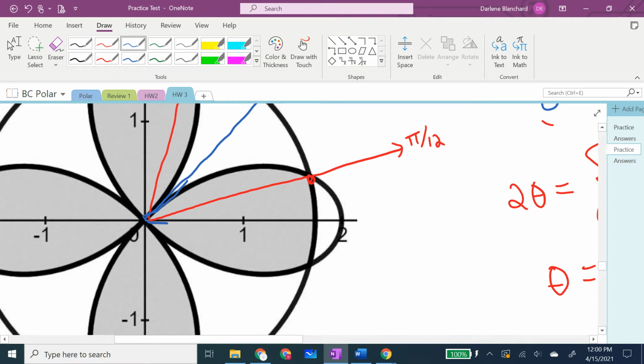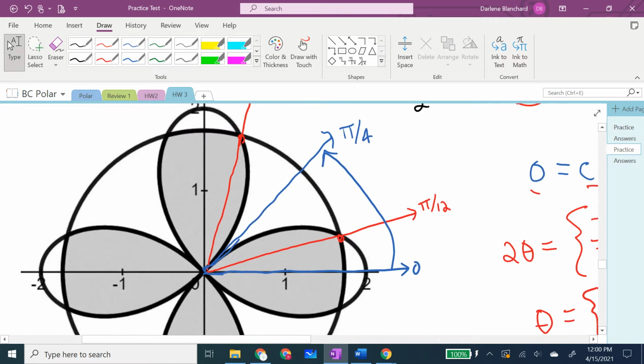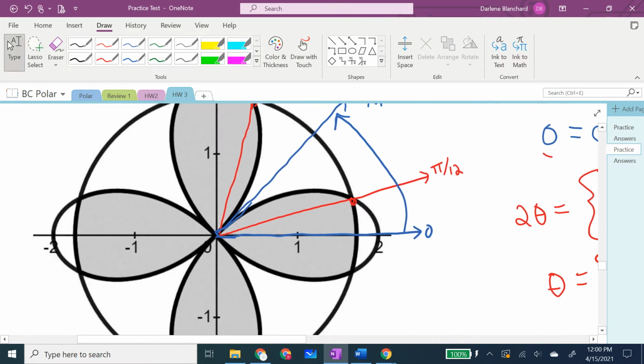And the simplest way that I'm going to talk about symmetry is to look at from 0 to pi over 4. If that is the only region that I take area from, how many regions with that area do I have? I have 8 of them.